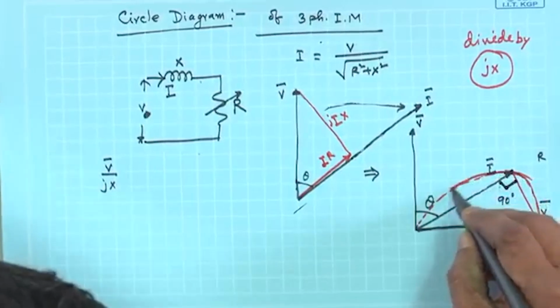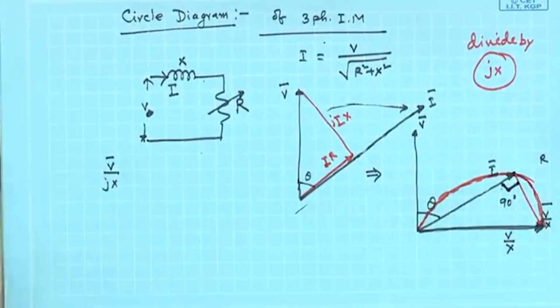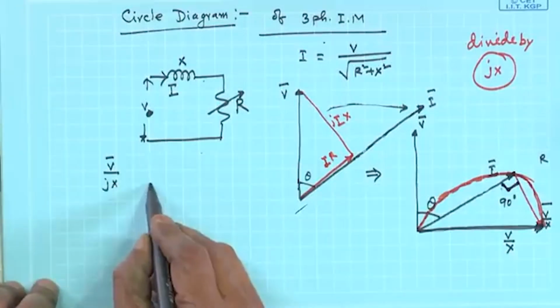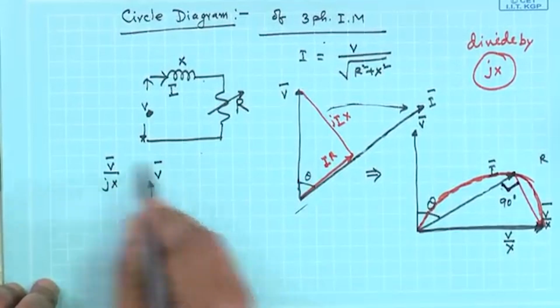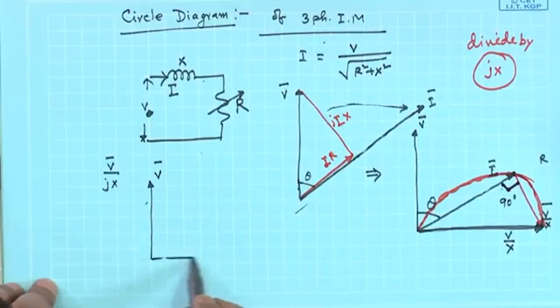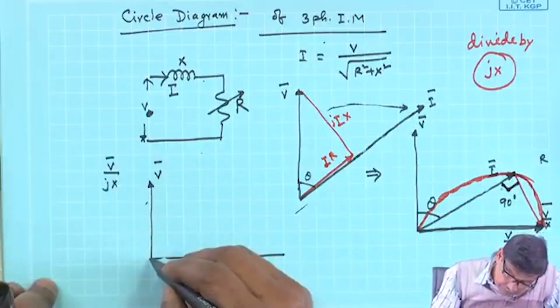I think it is badly drawn, but I think you have got the idea. If I draw it nicely, it will be like this. This is your supply voltage, and this is the circle.